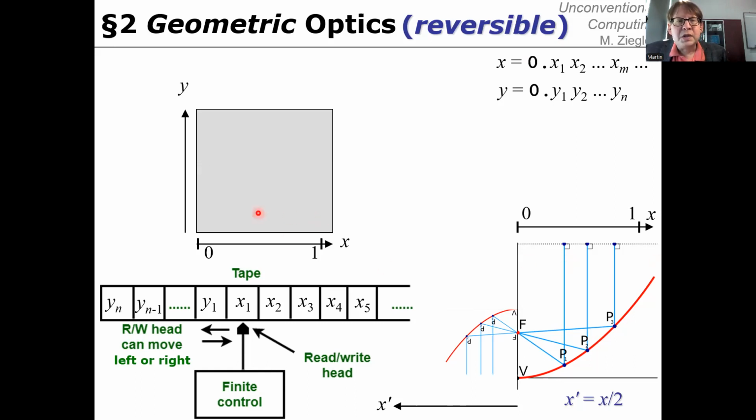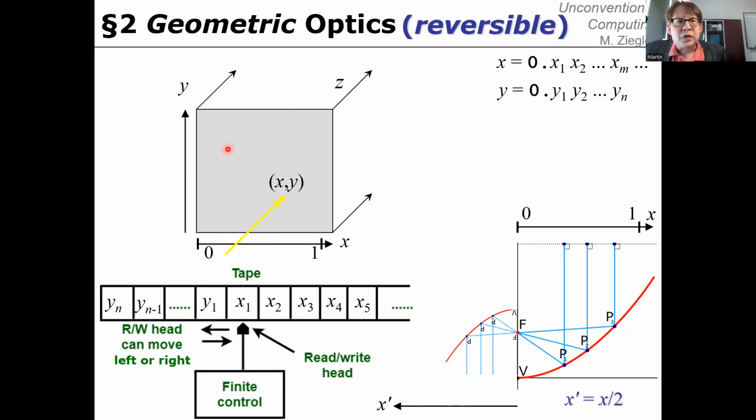And now we have 2 distances, the distance from the y-axis, that's the x-coordinate, and the distance from the x-axis, that's the y-coordinate, each one encoding the part of the tape of the Turing machine. And the light ray moves in z direction. So if the light ray enters, let's say, parallel to z direction, at this point, then this point corresponds to a pair of real numbers, x, y, coordinates.